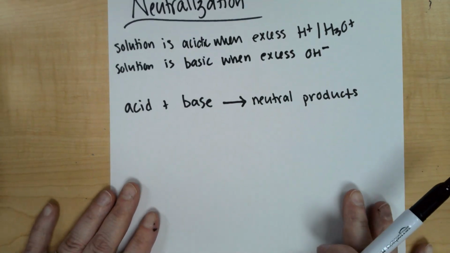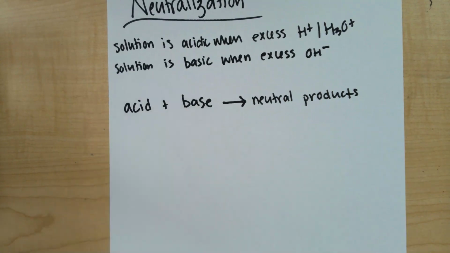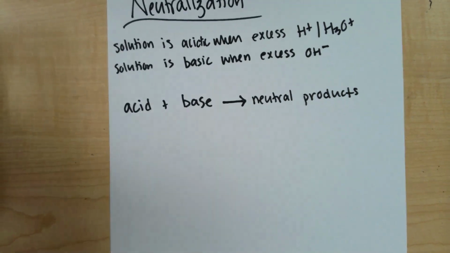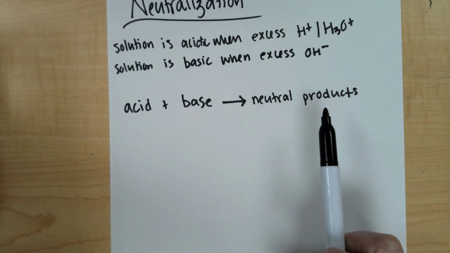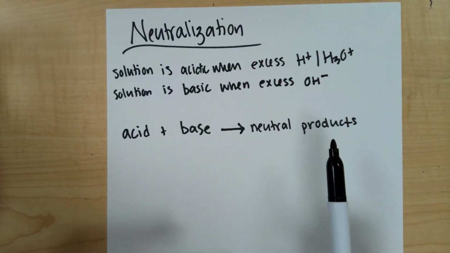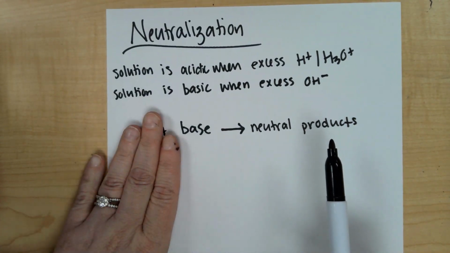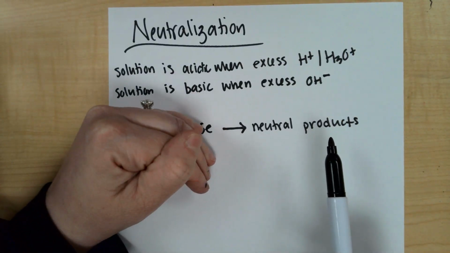So in a neutralization reaction, we take an acid and a base, and we have to add them in the correct amounts to get neutral products and only neutral products. The point is for there to be no more acid and no more base present. They've perfectly reacted in the correct ratio from the chemical equation to give us only neutral products.